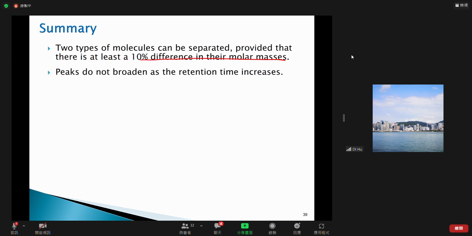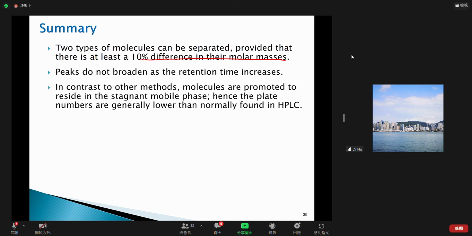Peaks do not broaden as the retention time increases because there are no interactions with the stationary phase, so there is very limited broadening. In contrast to other methods, molecules are promoted to reside in the stagnant mobile phase, because you have to get the advantage of that if you get VT, right?